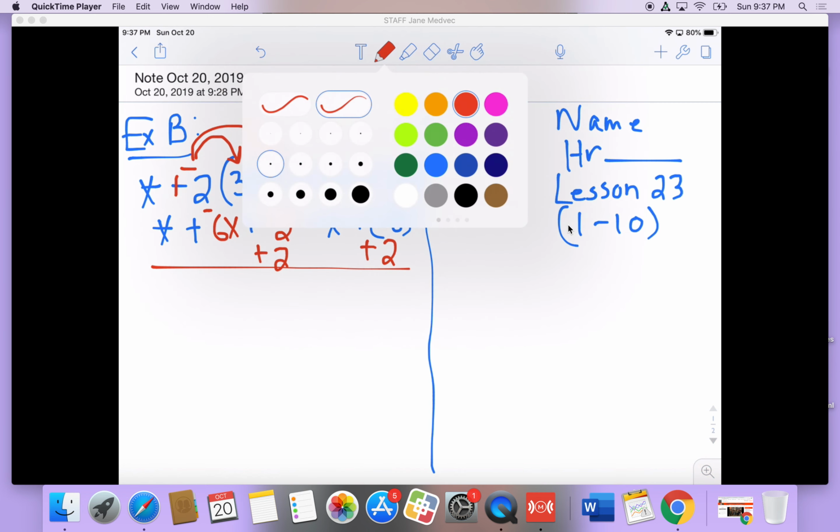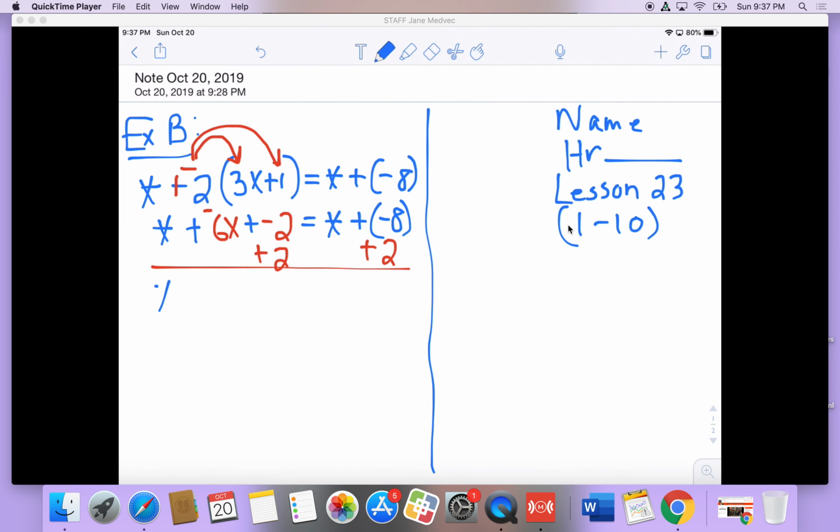Okay, and I end up with star plus a negative 6x equals star plus negative 6. Then I'm going to subtract my star from each side. Again, what I do to one side, I need to do to the other. You're going to notice that I have left over here a negative 6x.